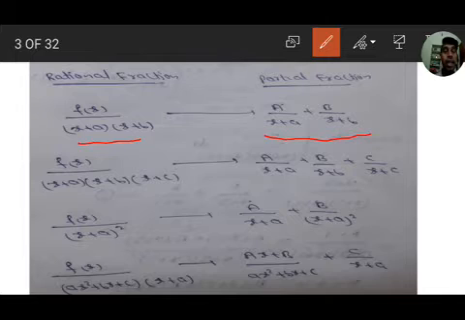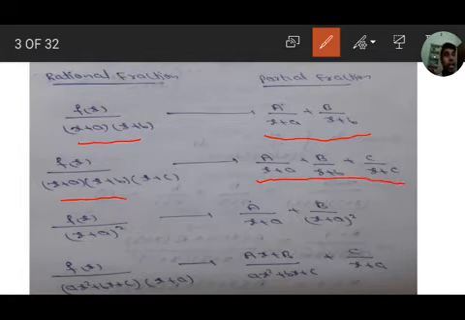Next, if there are three non-repeated linear factors, we take three constants: f of x by (x plus a)(x plus b)(x plus c) has partial fractions A by x plus a plus B by x plus b plus C by x plus c. And if the denominator contains a repeated linear factor, that is f of x by (x plus a) whole square, that implies A by x plus a plus B by (x plus a) whole square.